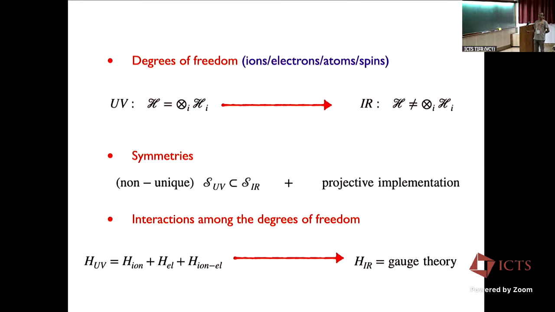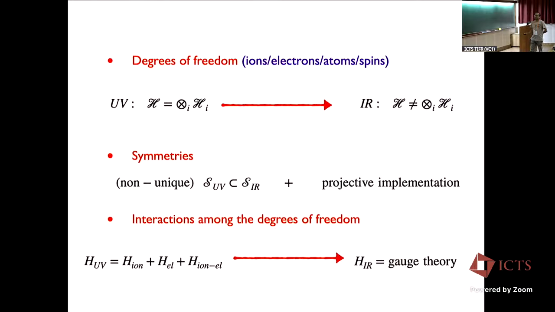The symmetries which were present in the microscopic degrees of freedom often become non-uniquely implemented, and their representations become more mathematically complicated. They become projective and things like that.